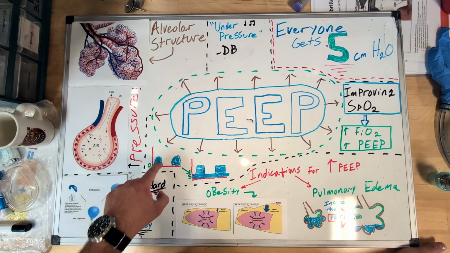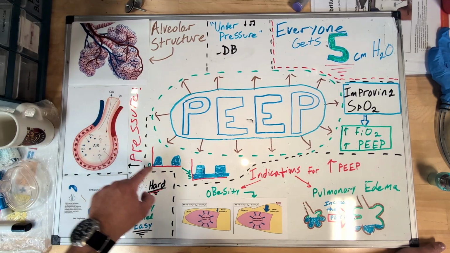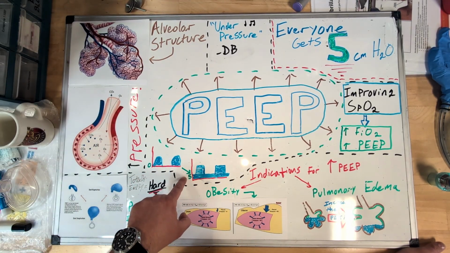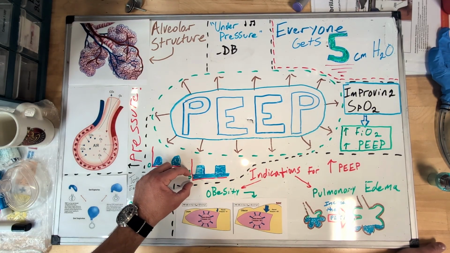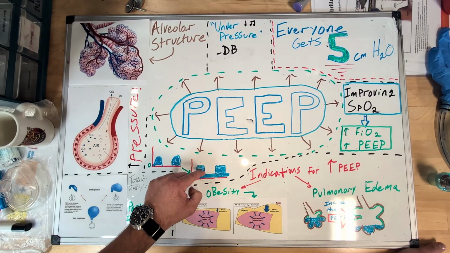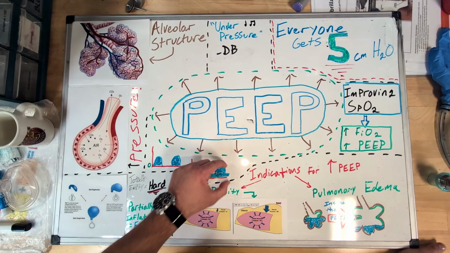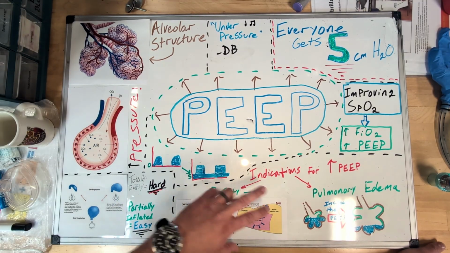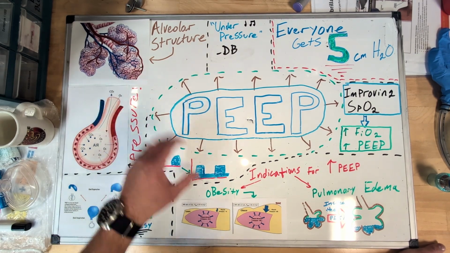So if I have 0 PEEP, I only have oxygen here during inspiration. If I select 5 centimeters of PEEP, I now have a baseline of 5. So this entire blue section, I still have inspiration and expiration, but all of this blue section is now available to help with oxygenation. Much more area there, much more oxygen going into the blood.